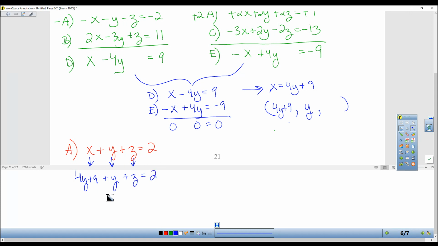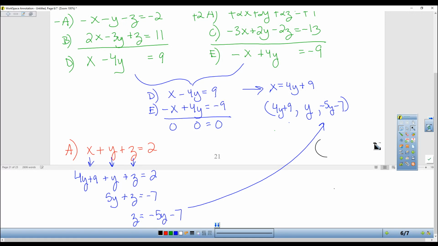So I get 5y. And I'm going to move the 9 to the other side. Subtract 9 from both sides gives me -7. And now I can get the z alone. -5y minus 7. And now I can fill that in. -5y minus 7.